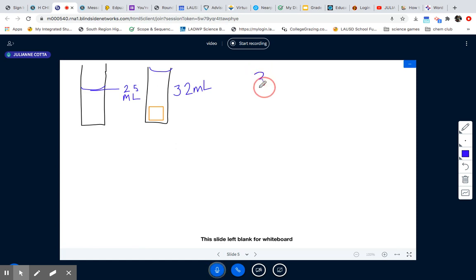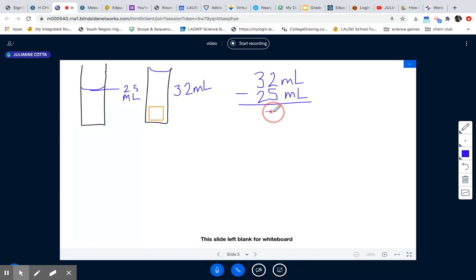So what is the volume of this cube that I dropped inside this graduated cylinder? Well, take your new volume of 32 milliliters and subtract it from your original volume. We had 32 milliliters of water after the rock was dropped in, but it was only 25 milliliters of water before.